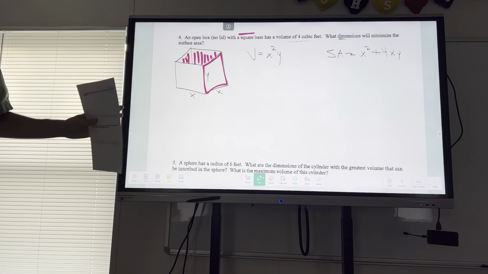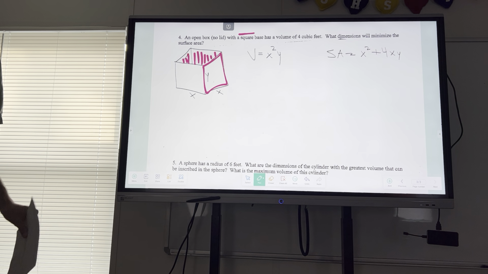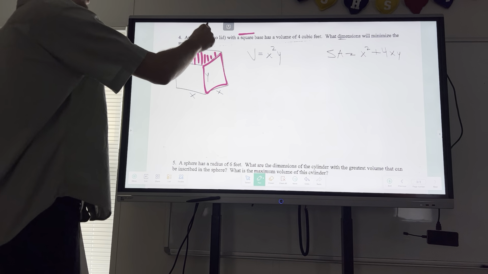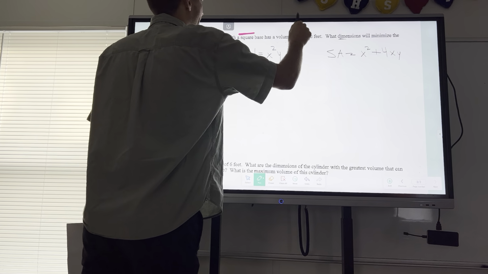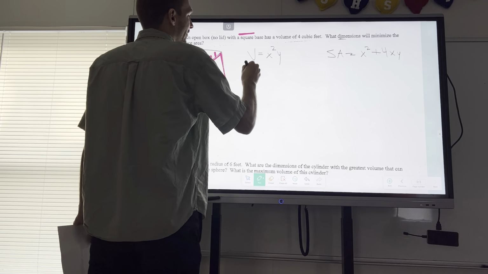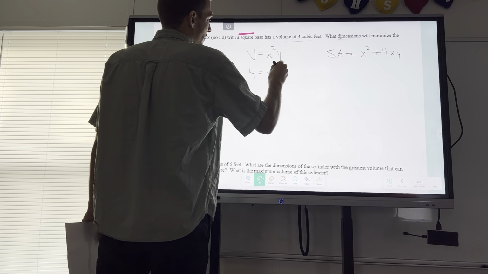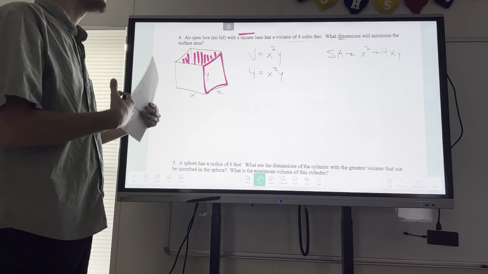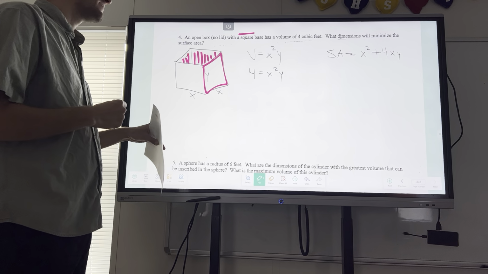All right, we've got our 2 equations now. One of them has to be capped so that we can get rid of that letter and then solve for one of the other 2 letters. And this one says that our volume is capped at 4 cubic feet. So our volume is 4. That allows us to get rid of the volume, only see x's and y's, and then solve for one of these.